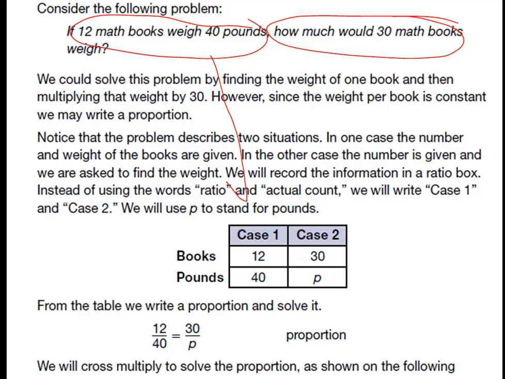Then you set up your books and pounds. You know that 12 books weigh 40 pounds. Then they want to know how much 30 books would weigh, and the unknown is the pounds. You're going to set a proportion and solve it just like you normally would.